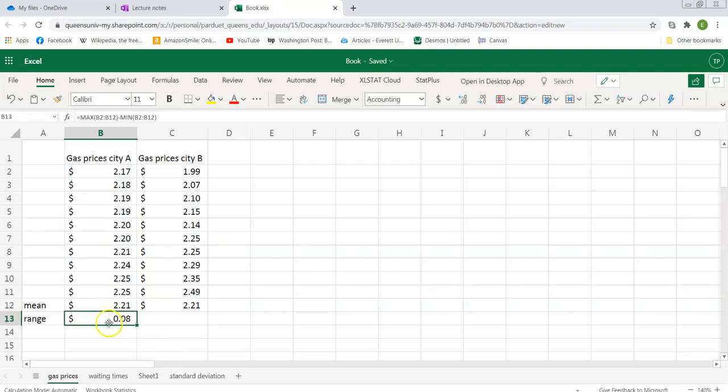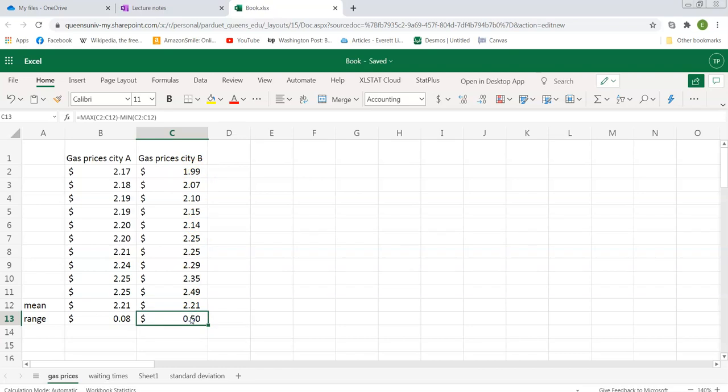So that means the difference between the largest and the smallest gas prices was 8 cents. And we can do the same thing over here, or we can just copy it over. And we get 50 cents. So the maximum there is $2.49, and the minimum is $1.99.